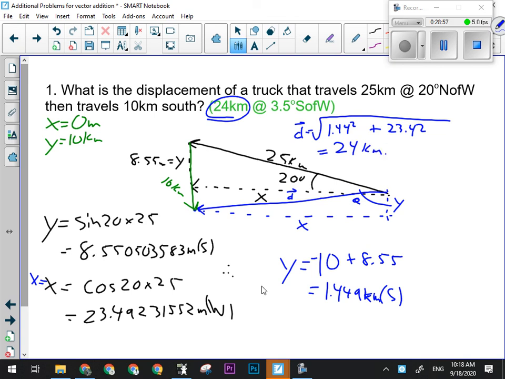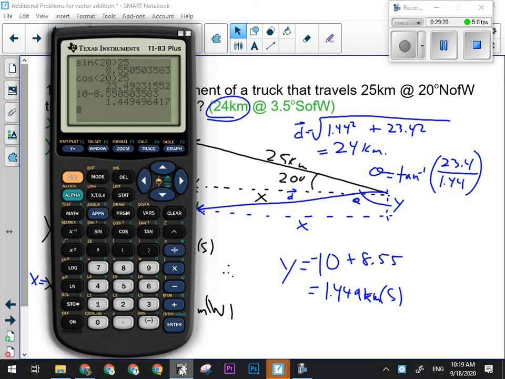Then I've got to find theta. Theta for me will be tan to the minus 1, the way I drew the triangle, of x over y, so that'll be the 23.4 over the 1.44. That will actually give me a huge angle. That's the one I have on the board there. It'll give me the complementary angle.